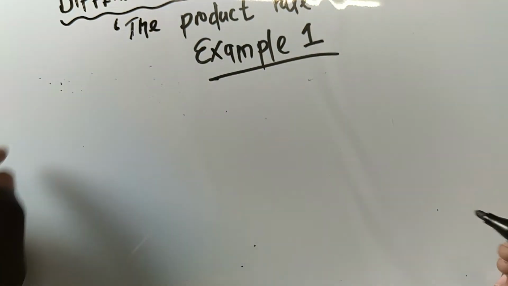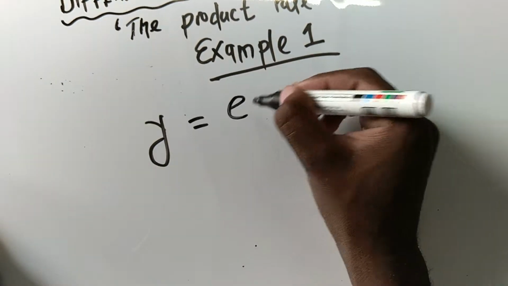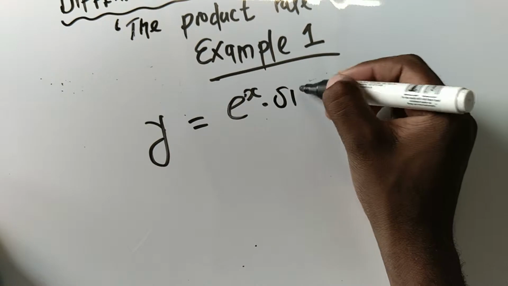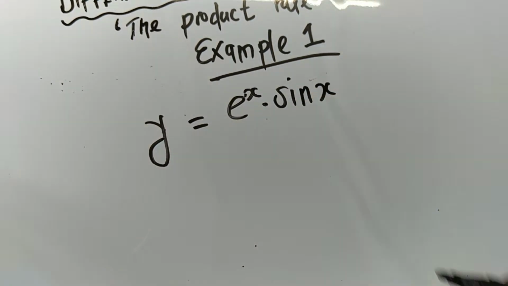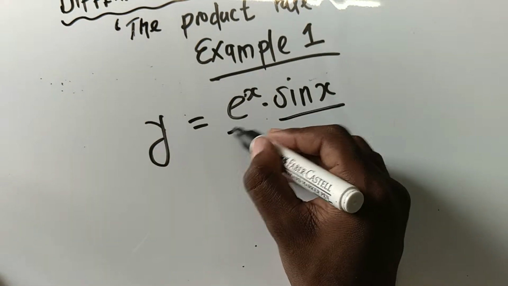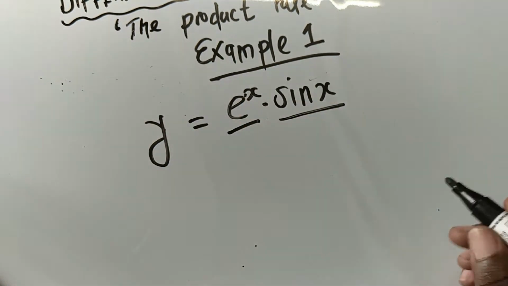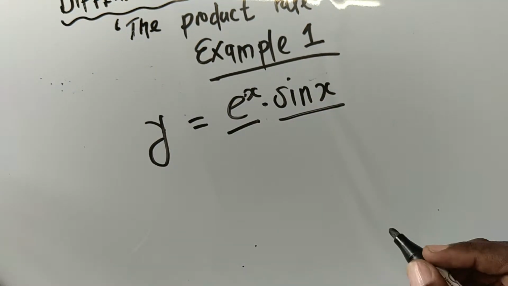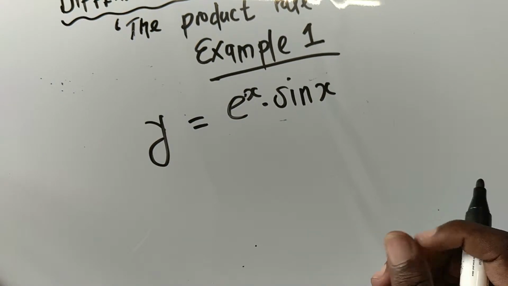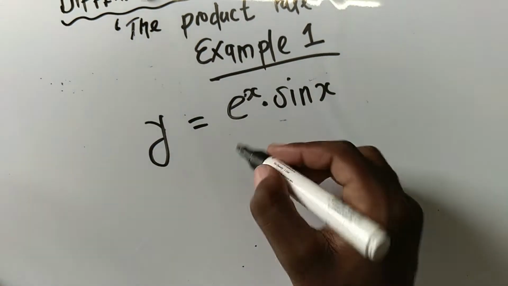Let's say you have y is equal to e raised to the power x multiplied by sine x. Now you understand that both sine x and the exponential are functions. So we have the exponential function and the sine function. So definitely this is a product rule approach. So what is our u?